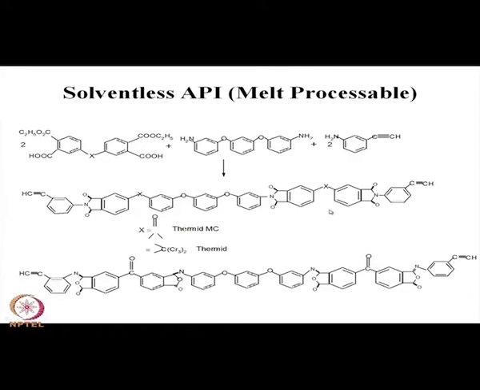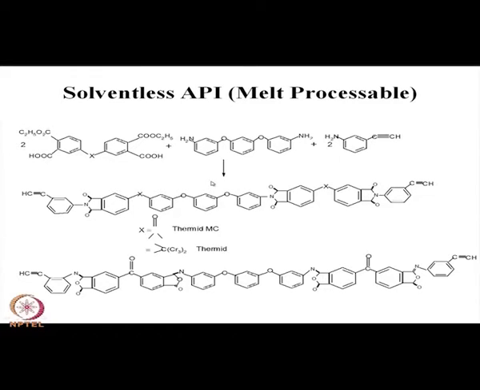Now, in the previous two cases, formation of polyimides involves organic solvents, those are basically high boiling solvents having very strong solution power.